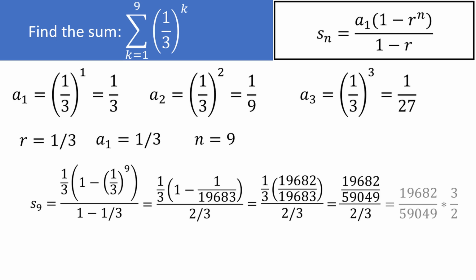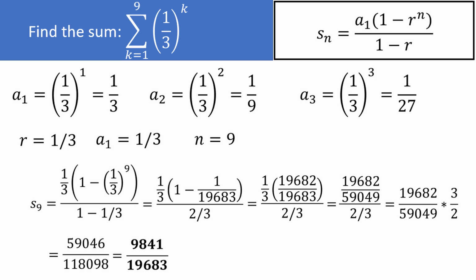This is the same thing as 19,682 divided by 59,049 times 3/2, which is 59,046 divided by 118,098. It turns out both the numerator and denominator can be divided by 6 to reduce this fraction to 9,841 divided by 19,683, which is very close to 0.5. This is the sum of the first 9 terms.